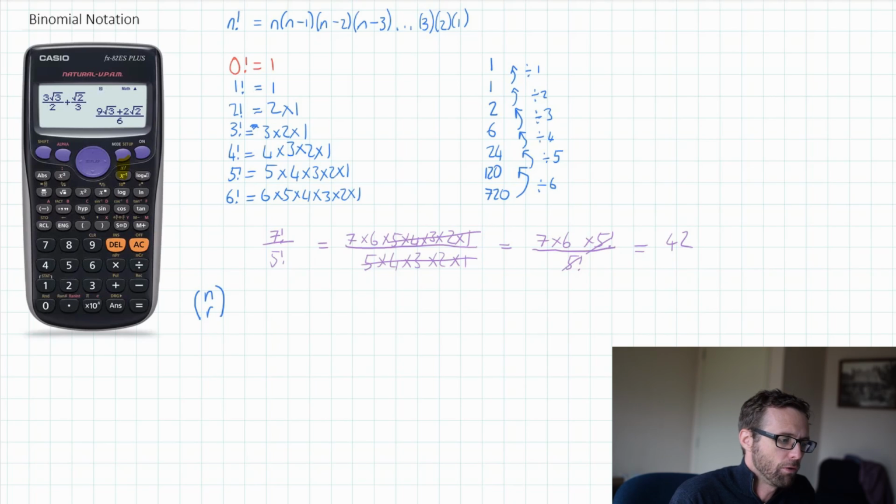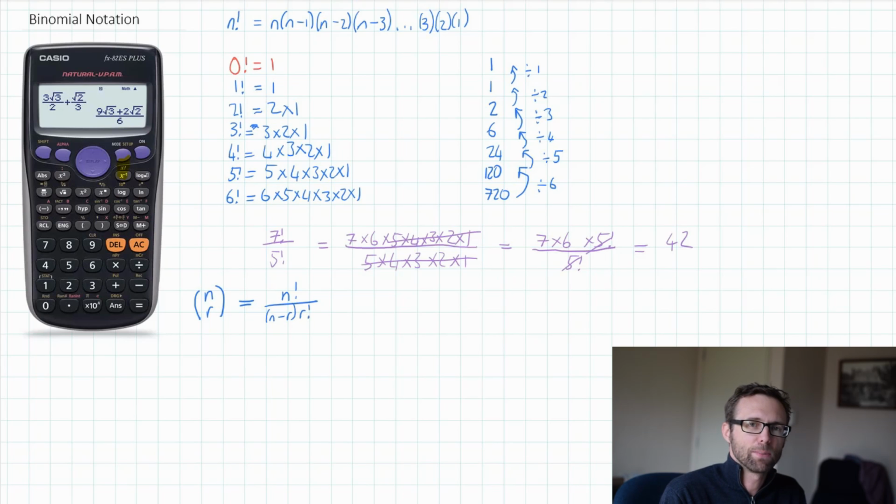In its long form we can write it out like this. It's equal to n factorial over n minus r factorial multiplied by r factorial. Perhaps I'll give you an example. You might ask, what is 6 choose 4? 6 choose 4 is 6 factorial over 6 minus 4 factorial times 4 factorial.